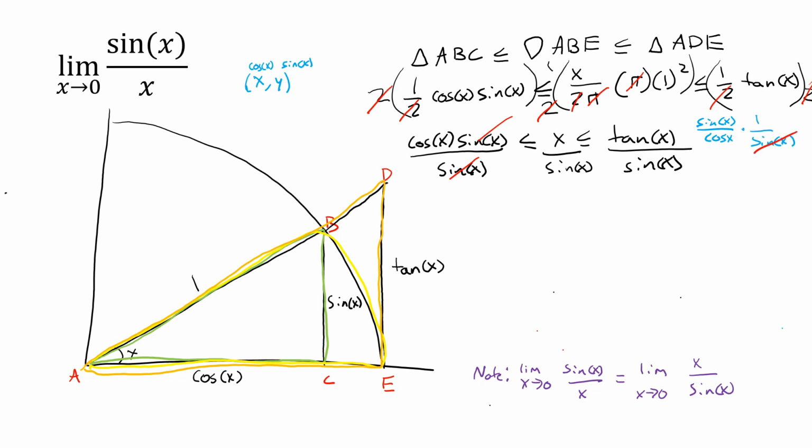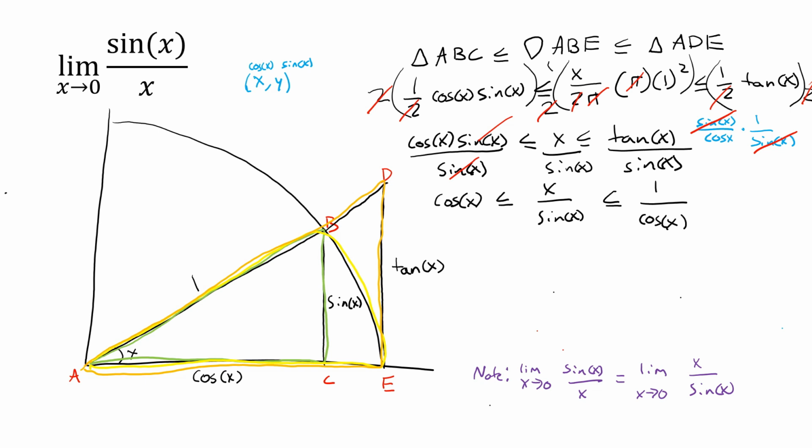These two cancel here, and we're left with 1 over cosine of x. So this should then equal: cosine of x is less than or equal to x over sine of x is less than or equal to 1 over cosine of x.